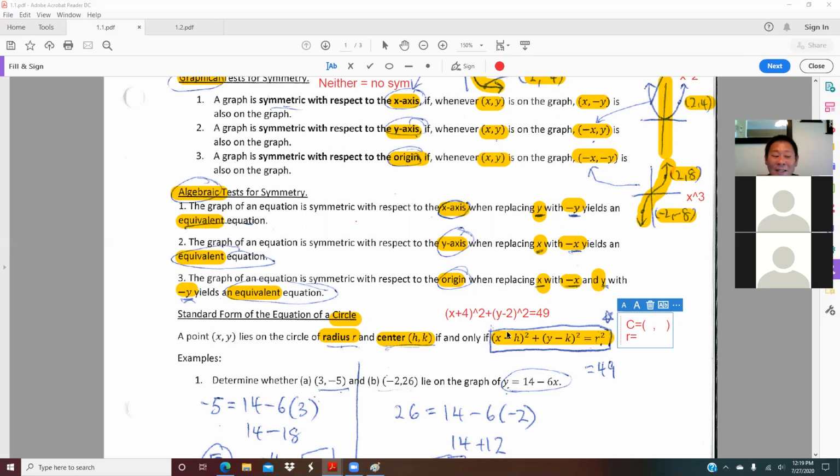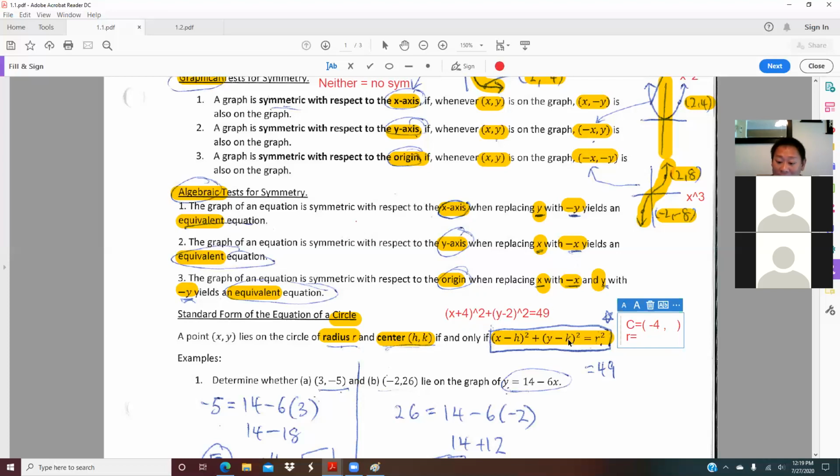So please listen to me here now. I'll give you another question, because this is asked in your homework. What happened is that your h in the formula is negative, but this time your h here is positive. So your h in this case is negative 4, not 4.